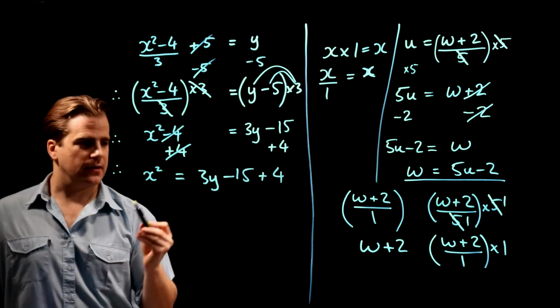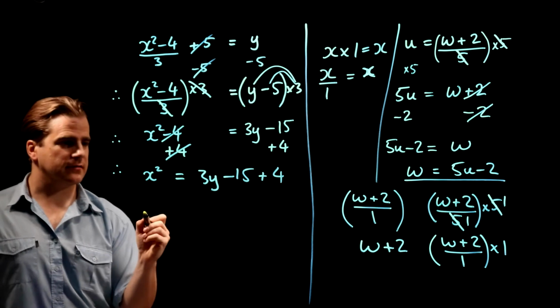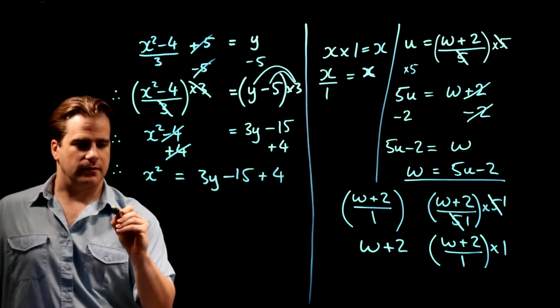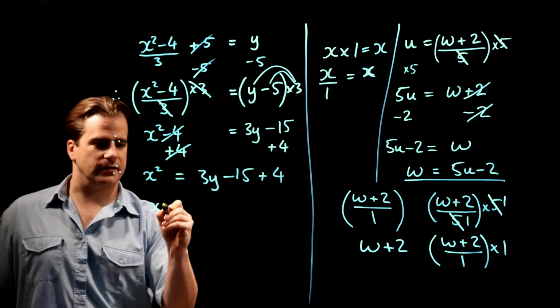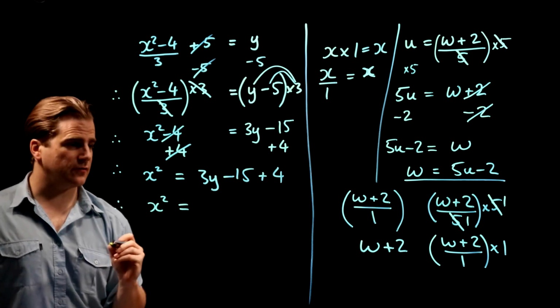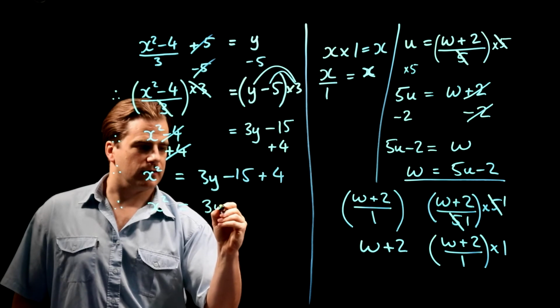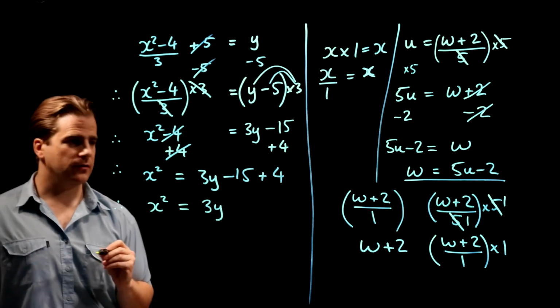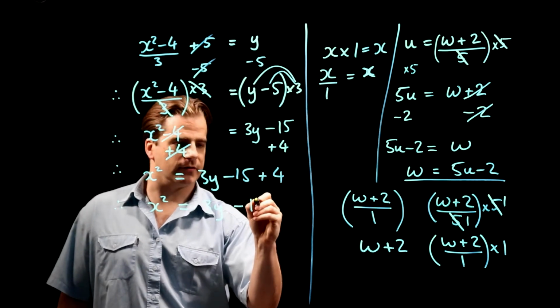Now, before we do anything else to either side, we're going to neaten that up by gathering like terms, because we've got a minus 15 and a plus 4. Minus 15 plus 4 is minus 11.